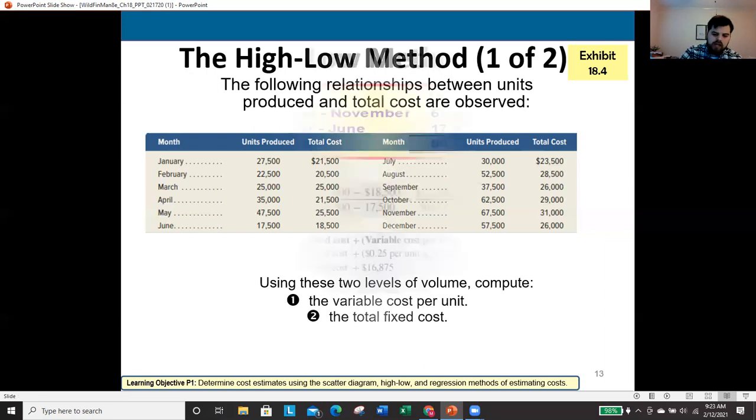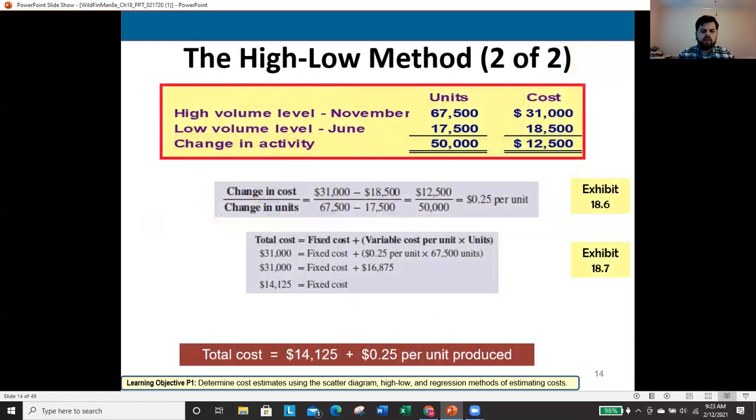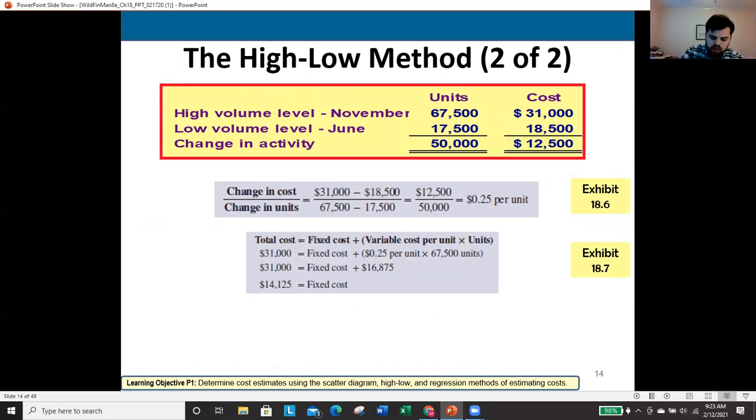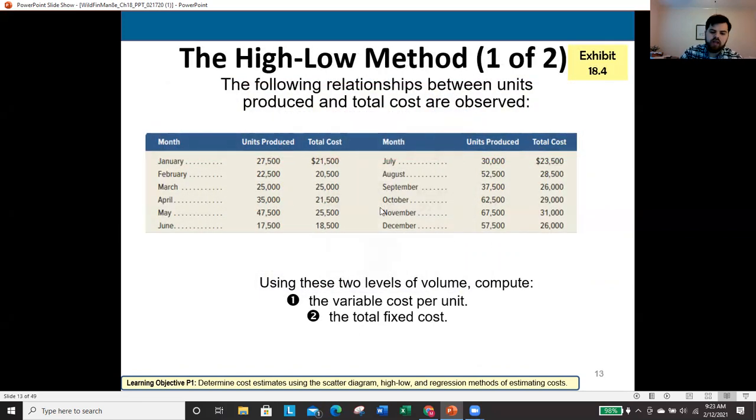So in this case, if we go back to that previous page, we see that November had the highest volume level and June had the lowest. June had only 17,500 units produced, while November had 67,500 units produced.